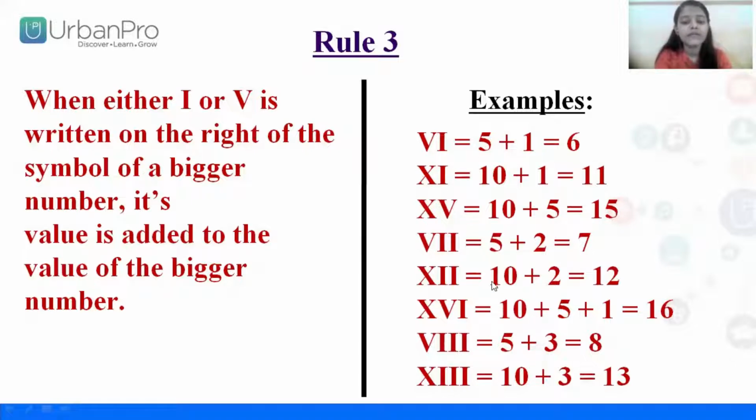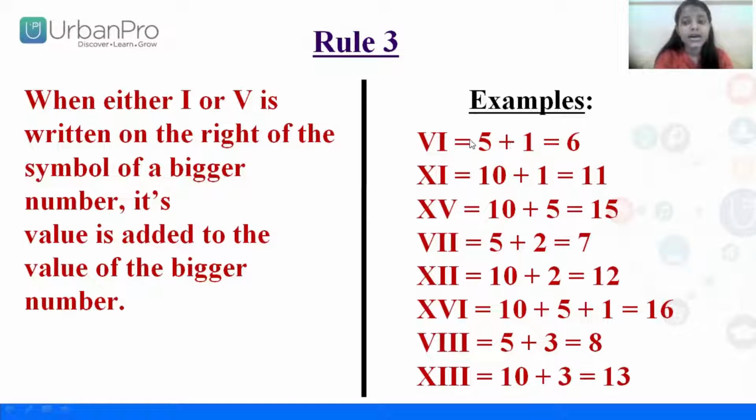See here, a few more examples for you so that you can understand. Keep a note that I have told you I or V is written on the right side of a bigger Roman numeral, right? You can see on the right side I, V, I, I and I. All the I's and V's are on the right side. See the first example, V and I. V is nothing but 5 and I is nothing but 1.